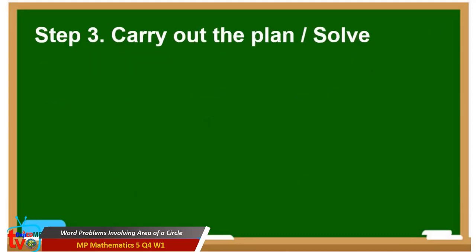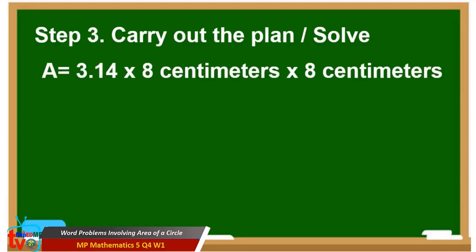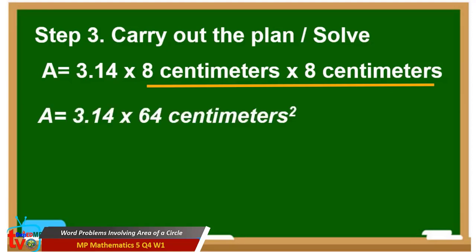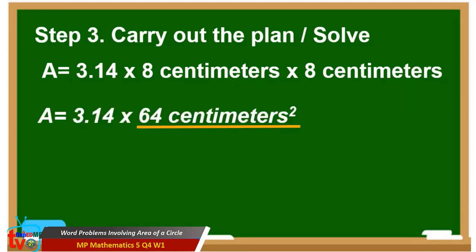Let us now solve the problem using our number sentence, which is area equals 3 and 14 hundredths times 8 centimeters times 8 centimeters. Multiply first 8 centimeters times 8 centimeters. The answer will be 64 square centimeters.